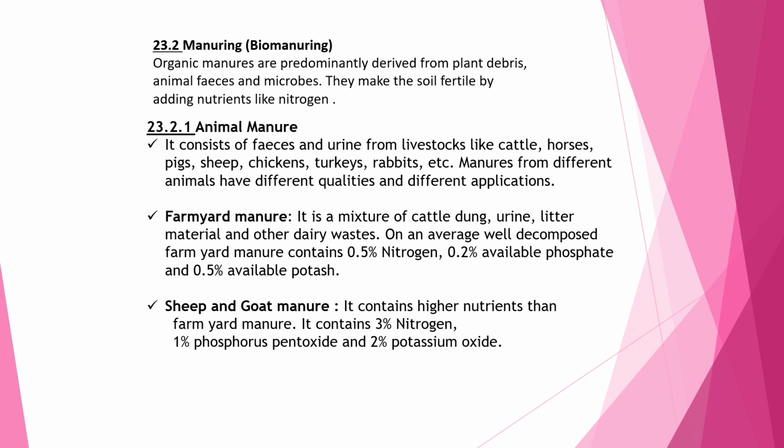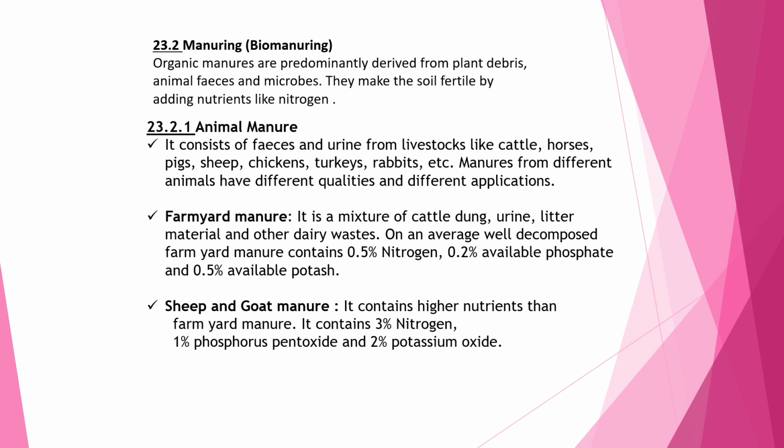Are you clear? The next one, animal manure. Again the same as manuring, biomanuring. Repeat it. Manuring as biomanuring, animal manure, then farmyard manure and sheep or goat manure. Can you find the difference between farmyard manure and sheep and goat manure?